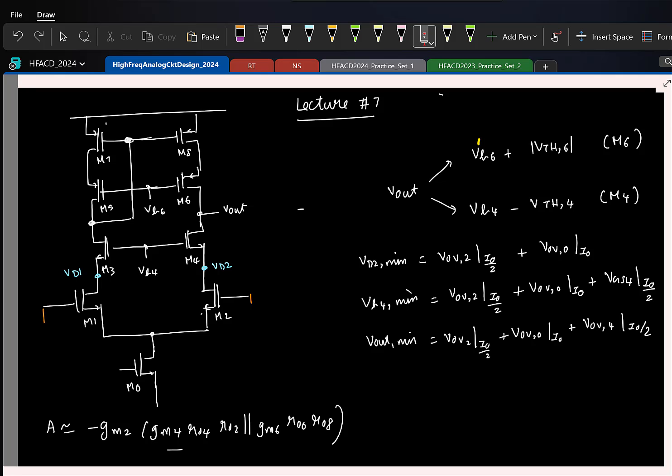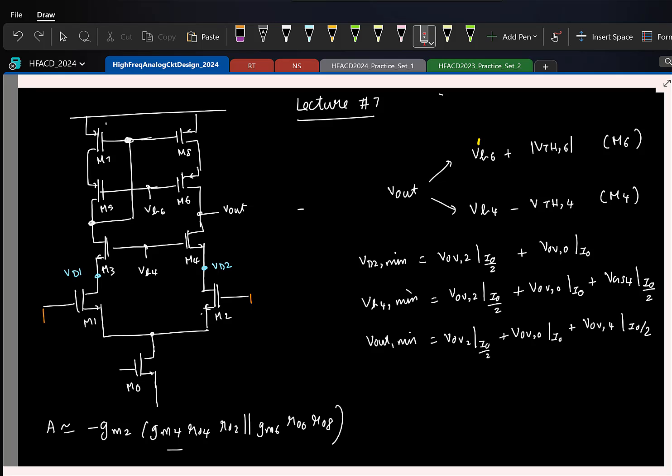What I'm saying is this is the minimum the output can reach, but for this to happen, we need to apply this voltage at the gate of M4, because the constraint on the output comes from the voltage VB4. So only if we apply the minimum possible voltage for VB4 can you reach the minimum possible for the output.